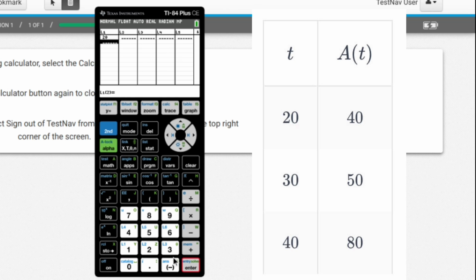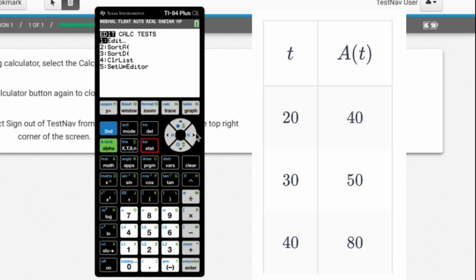We also know that 30 is part of it. We also know that 40 is part of it. And we can move to the right and know that we can use 40, 50, 80. Okay? We know this is going to be quadratic. So let's quit by doing second mode. Let's go to stat. Let's go to calc.